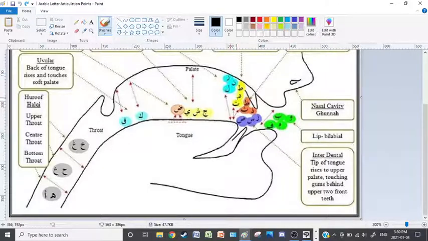Then we move slightly inwards, where the tip of your tongue touches your palate. However, it is further away from your upper teeth. And these are these three letters. You have lam, and the best mnemonic for lam is the word lamb in English.